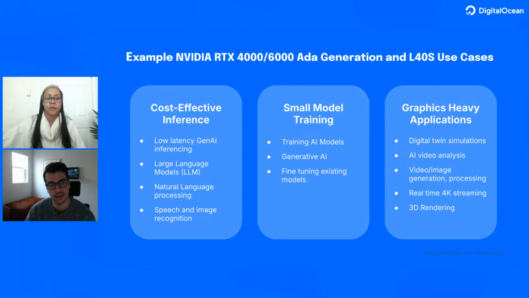Another benefit of these 3 GPUs is they come with RT cores, as I mentioned in the previous slide. So these are really great GPUs for graphics-heavy applications. You can run these GPUs to address use cases like digital twin simulations, video analysis, video image generation, real-time 4K streaming or 3D rendering.